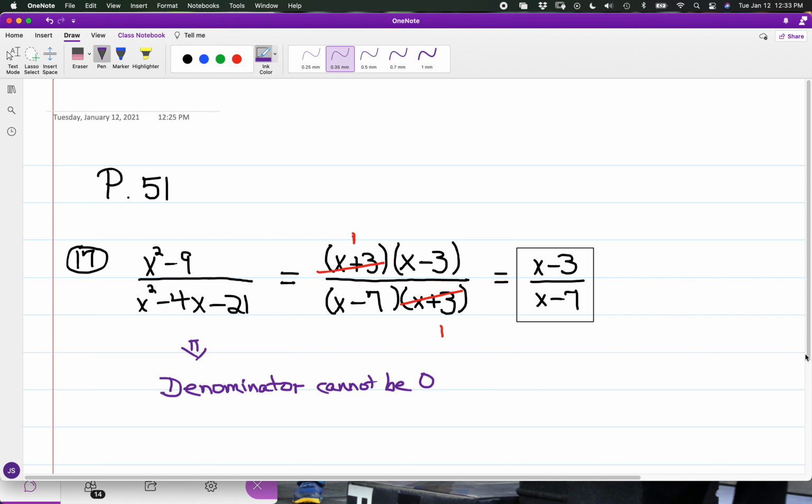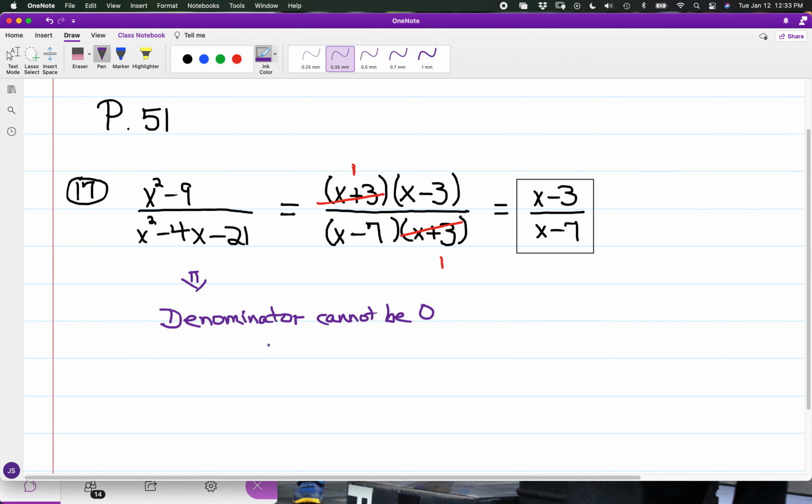And so, again, for the denominator, x squared minus 4x minus 21, what we have in x cannot allow x squared minus 4x minus 21 to be 0. And again, just looking at the factors, we have x minus 7 and x plus 3.